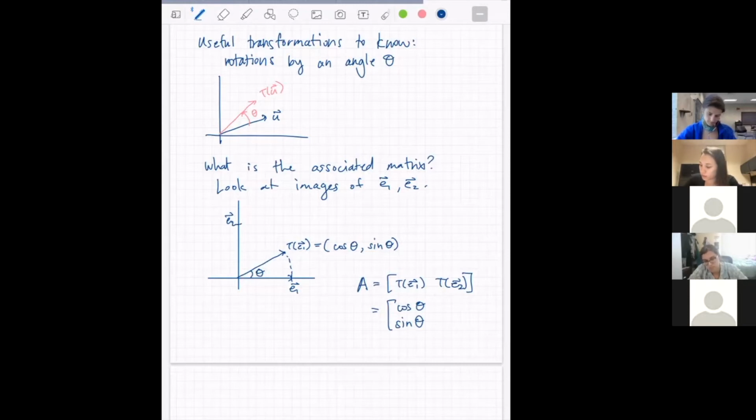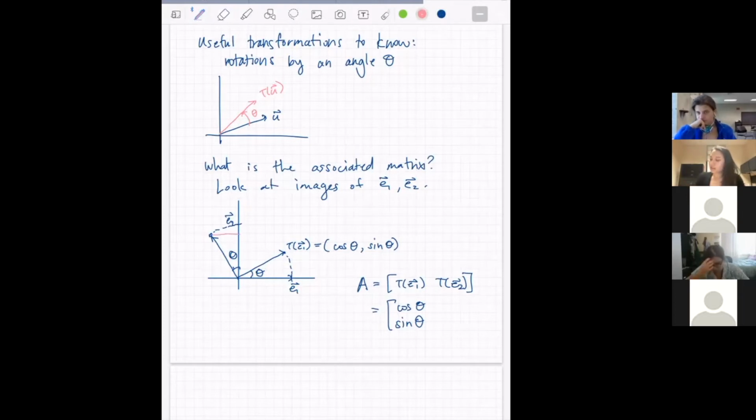Okay, this is also rotated by that same angle, so I'll try to make it consistent. So we rotate again by theta, right? And then we just want to figure out where this vector ends up. Let me do this in a different color so it doesn't get all smushed together.